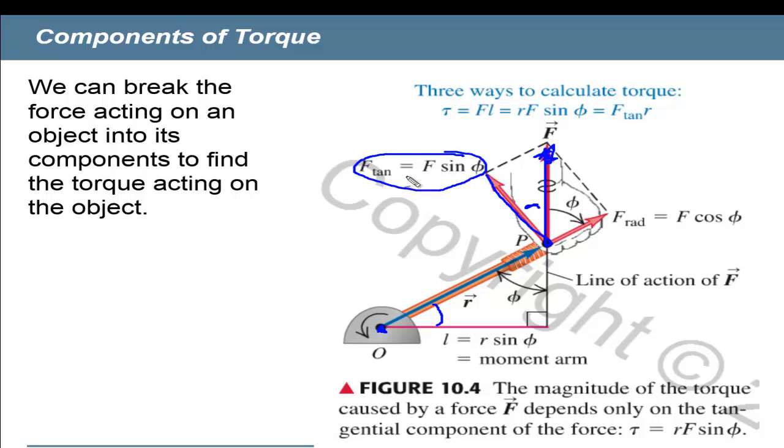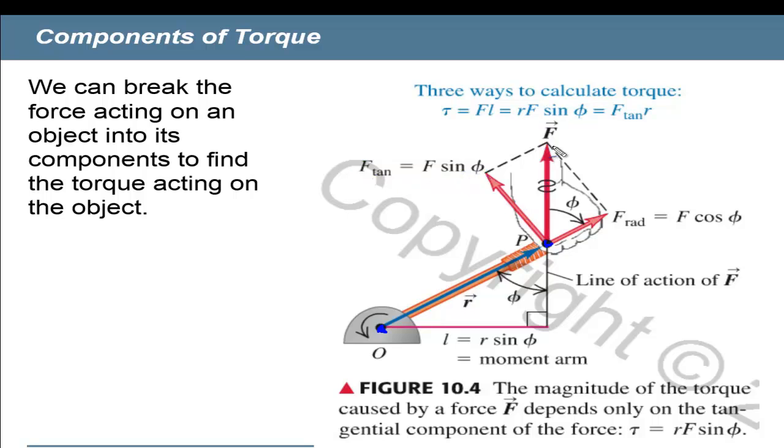So I could say that it's F tangent, or F sine phi, times R. So one way we can find the torque would simply be F sine phi times R, which is the same as F tangent, the tangential force, times the radius, right? So that's one way, by breaking the force into its components, we can find the torque.